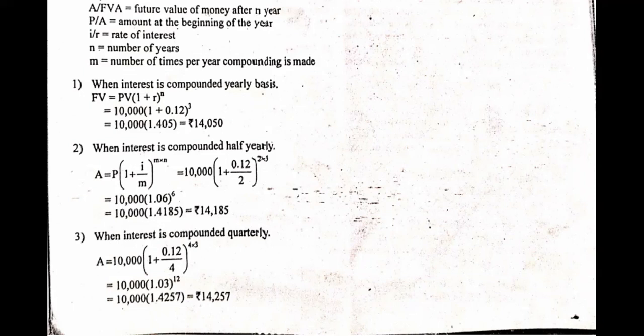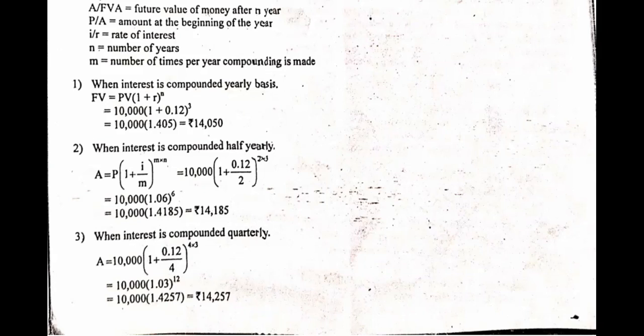A equal to 10,000 into bracket 1 plus 0.12, 12%, divided by 4, because there are 4 quarters, raised to 4 into the number of years, 3. So first 0.12 divided by 4, you will get 0.03. So 1 plus 0.03, you will get 1.03 raised to 4 into 3, 4 quarters into 3 years.